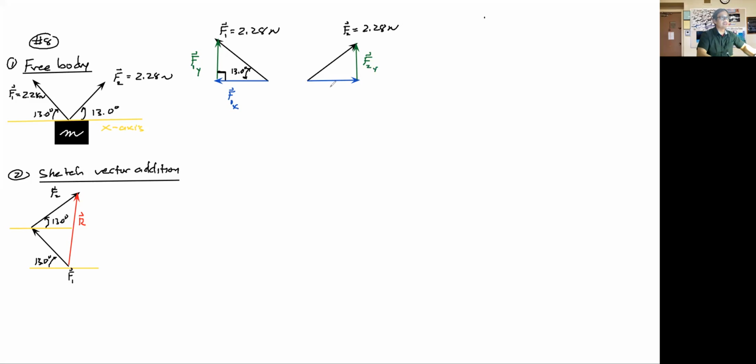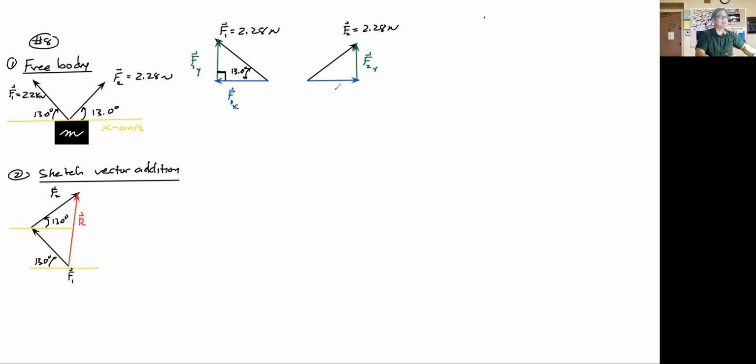So we have drawn two triangles for the two vectors that we are adding together. For as many vectors as we have, we're going to draw that many right triangles. If we started out with three vectors and wanted to add them together, we would draw three right triangles. That's how easy this becomes.